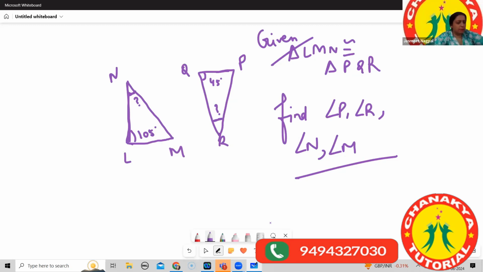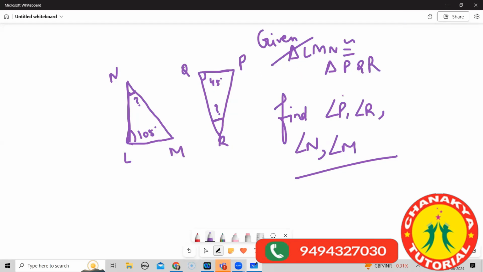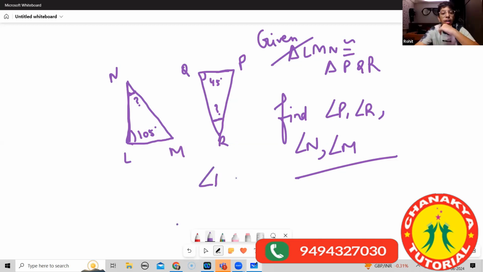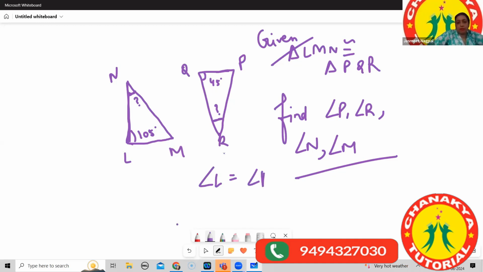How is it possible? From my side, N is coming 30. See, L is equal to which angle? P. Because P is the opposite figure. So L is equal to P.